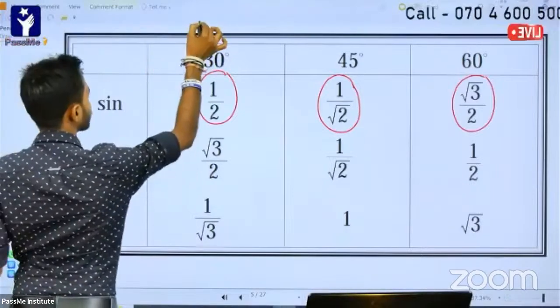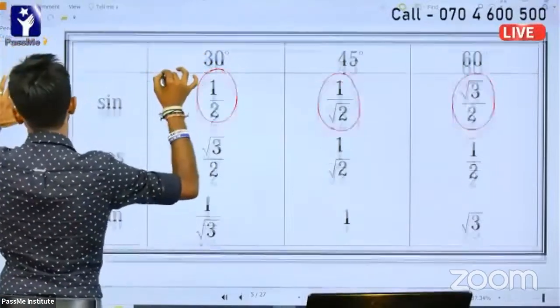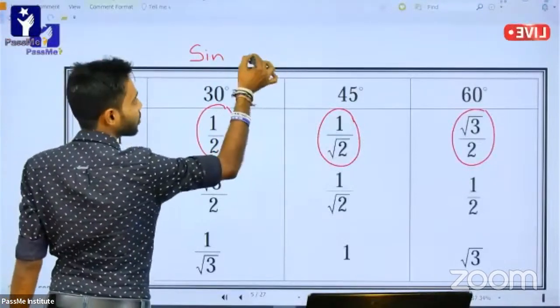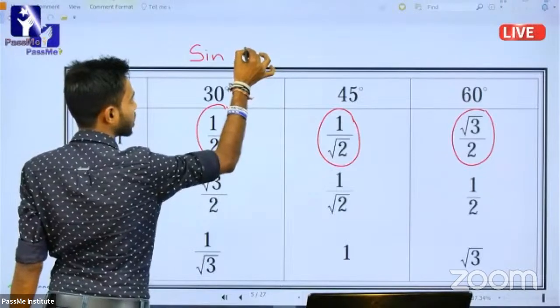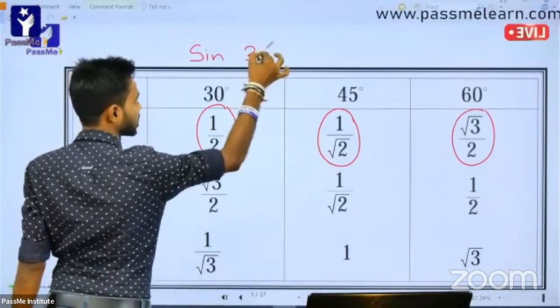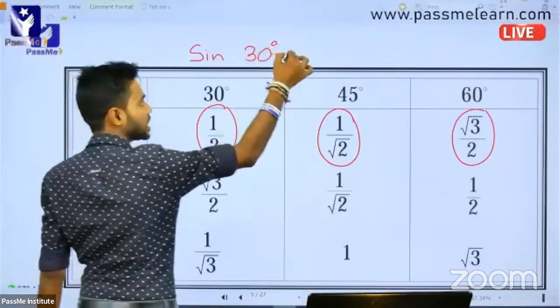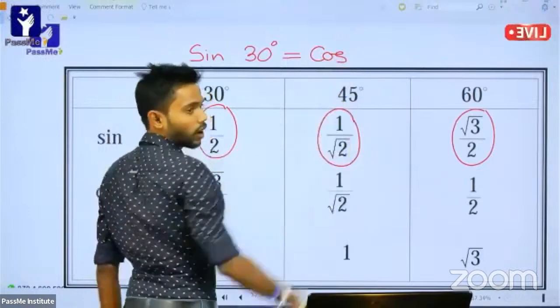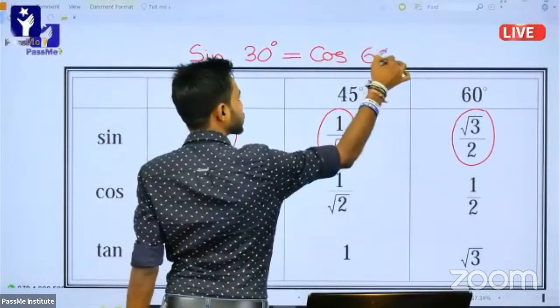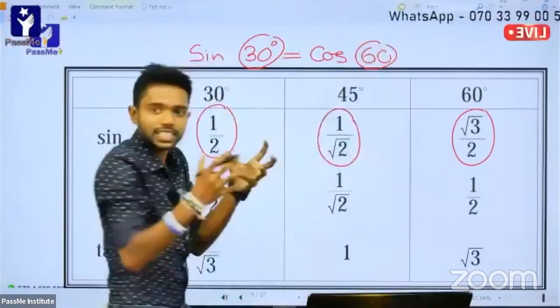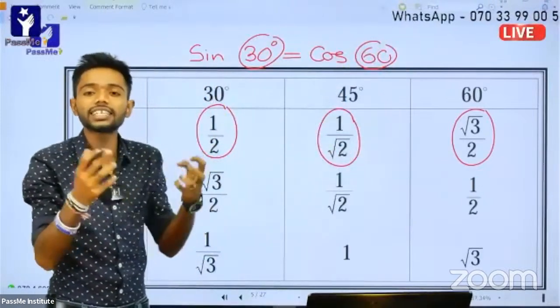Now, if you want to find the sine of any number, for example sine 30, it is equal to cosine of which one? 60. Now you can see, if you add these two together, that is 90 degree.